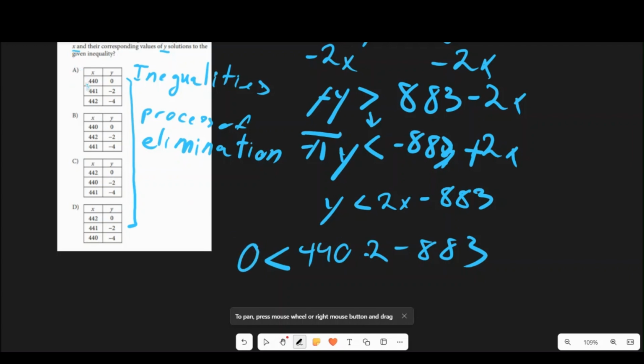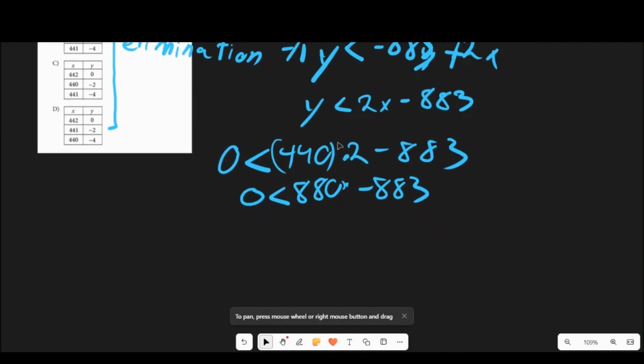So okay, we're trying out in this case 440. When x is equal to 440, is y less than 0? Well, let us try it out. This is going to be 440 times 2 is 880 minus 883, which is less than 0.